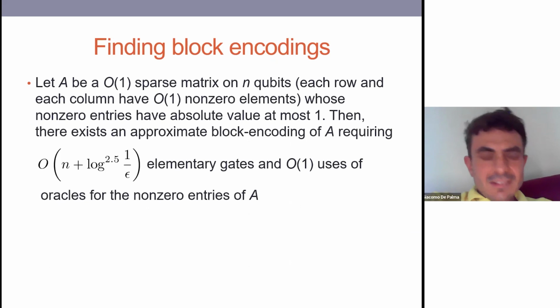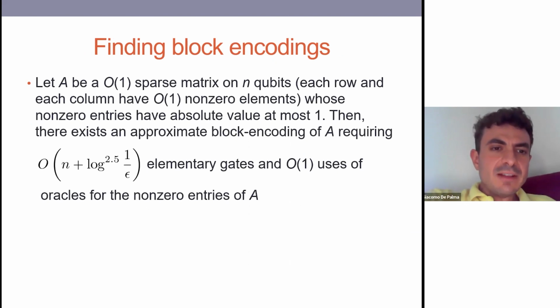Okay, and then to conclude, a fundamental part of this singular value transformation is how to find an efficient block encoding of our Hamiltonian, but there is this result that comes to our rescue that roughly tells us that sparse Hamiltonians can be efficiently block encoded.